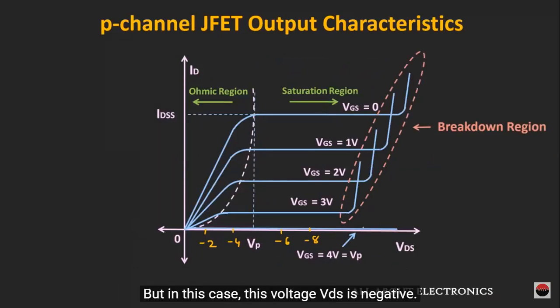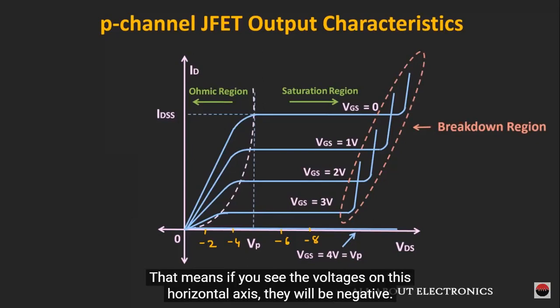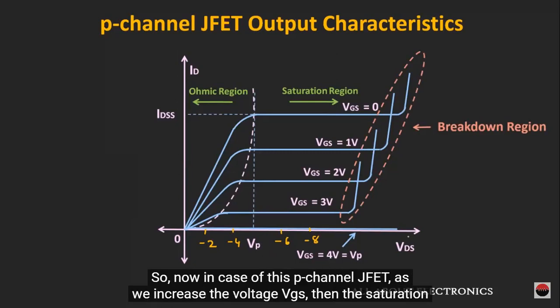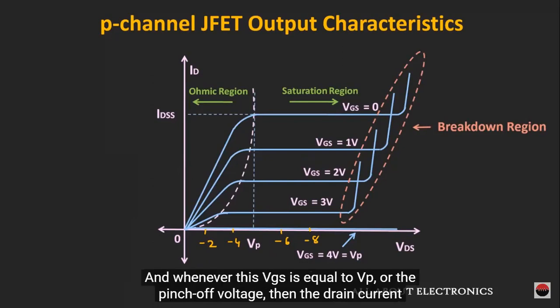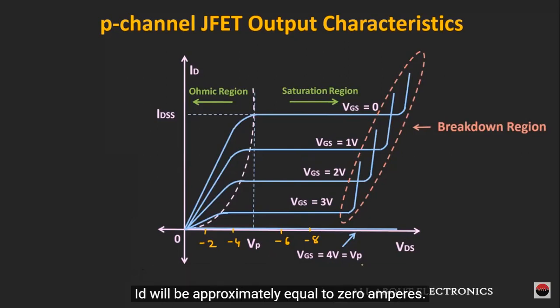But in this case, the voltage VDS is negative. That means the voltages on the horizontal axis will be negative. In the P-channel JFET, as we increase the voltage VGS, the saturation value of the drain current will reduce. And whenever VGS is equal to Vp, the pinch-off voltage, then the drain current ID will be approximately equal to 0 ampere.